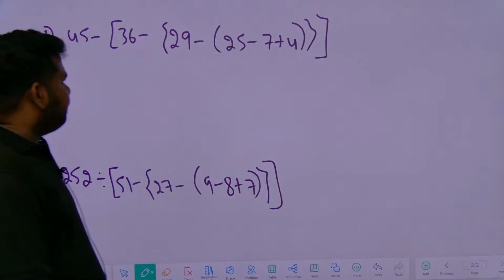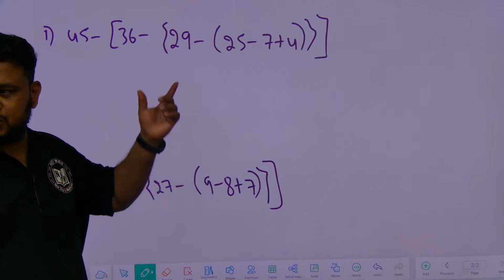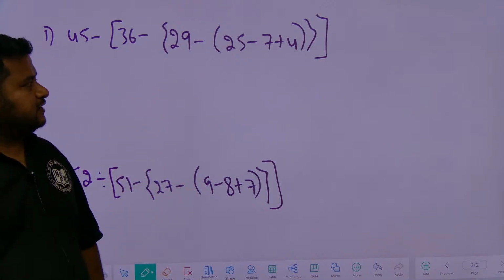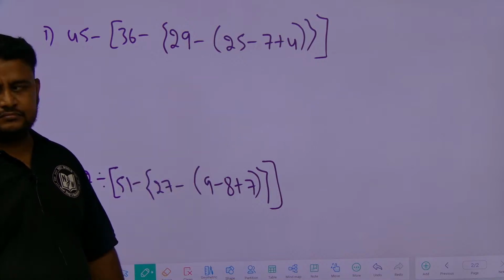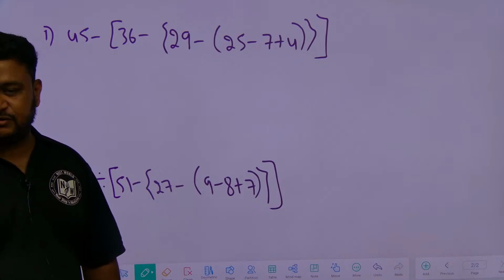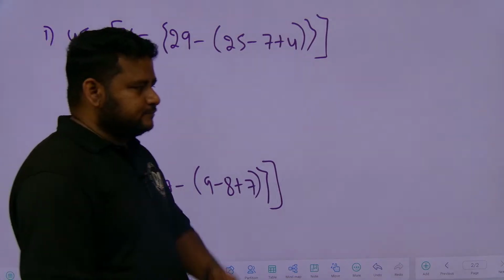So see here, 45 minus, this is what we are having. Try to evaluate this value. First thing what we should do? Small bracket. If you do the small bracket, what will we get? Find out the answer. I will give you 2 minutes. Let me check what you are getting.